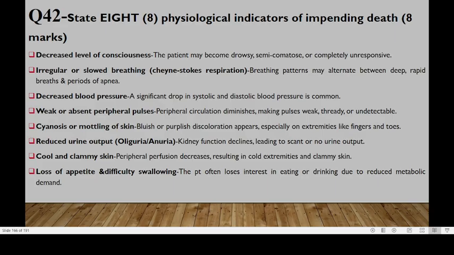Some of the short answer questions included questions like, state 8 physiological indicators of impending death.